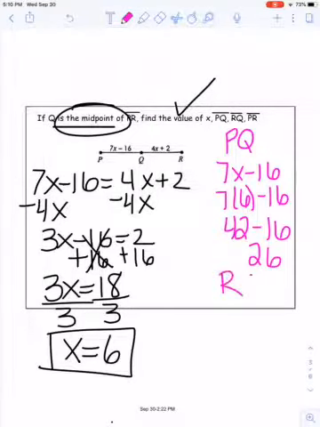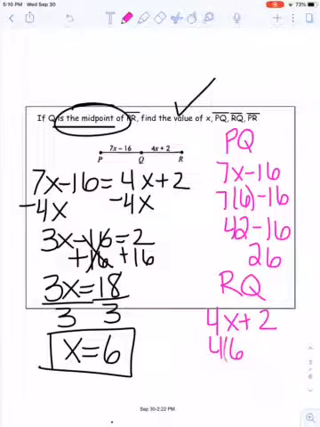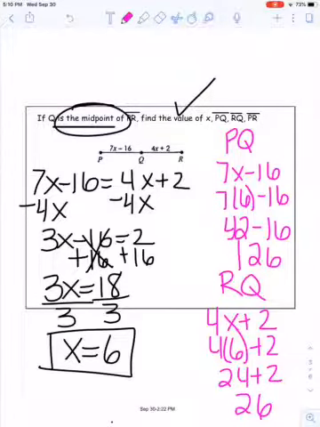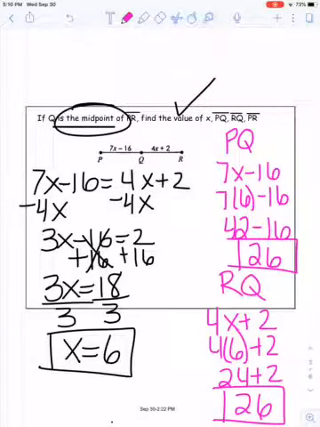Now, if I did this right, then RQ should also be 26. So 4x plus 2, 4 times 6 plus 2, 24 plus 2, 26. Good. So now the last thing I need to figure out is PR.